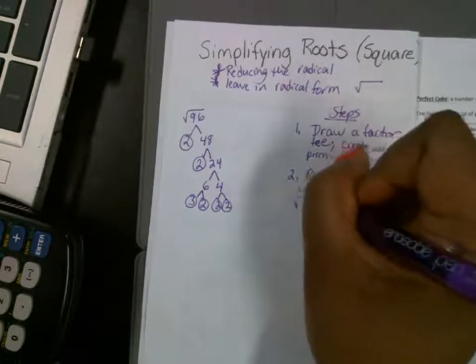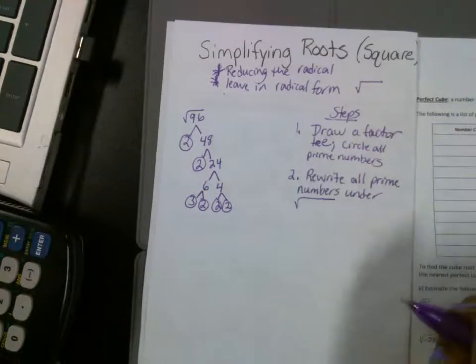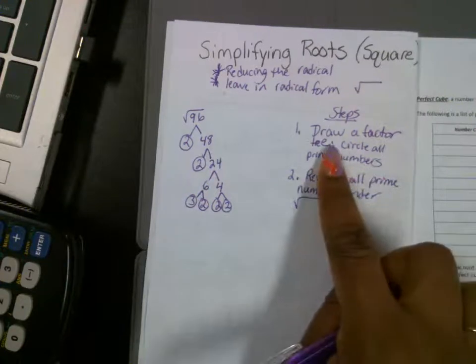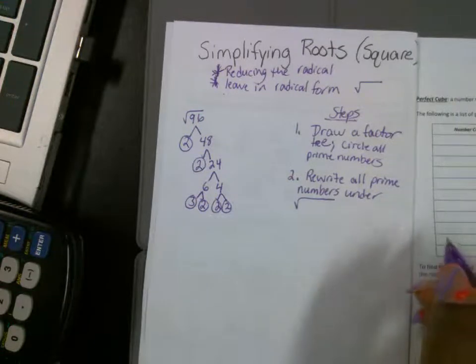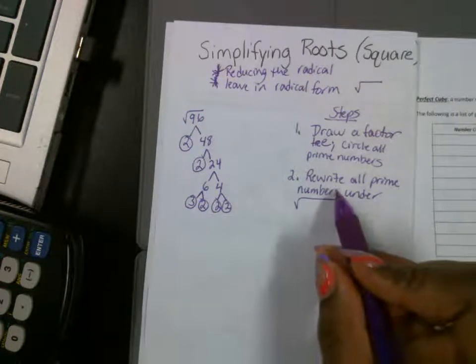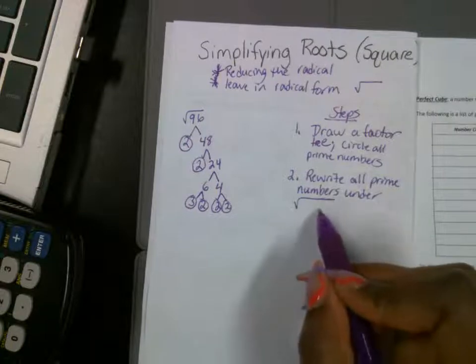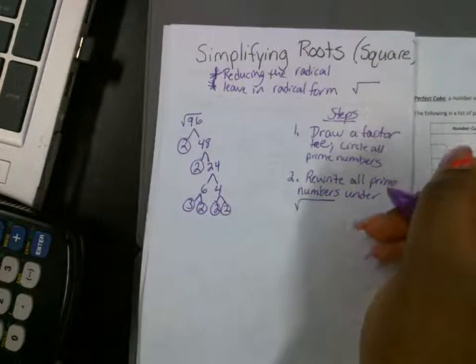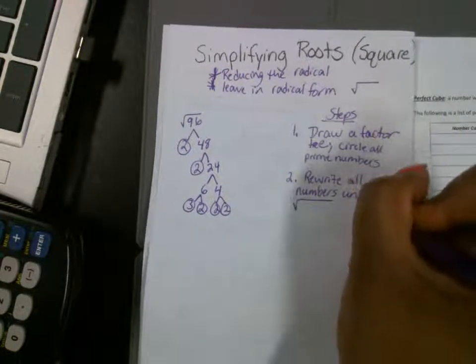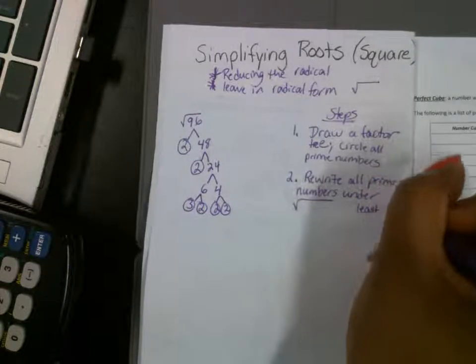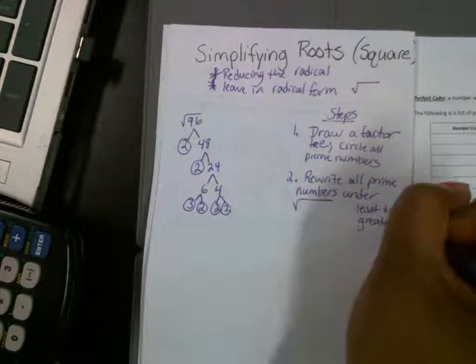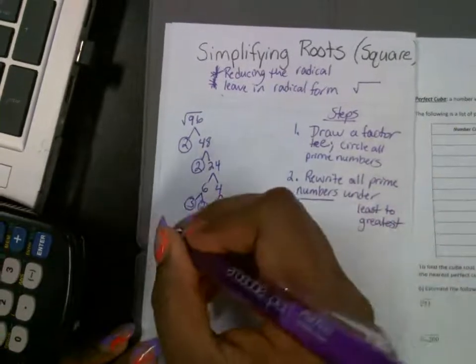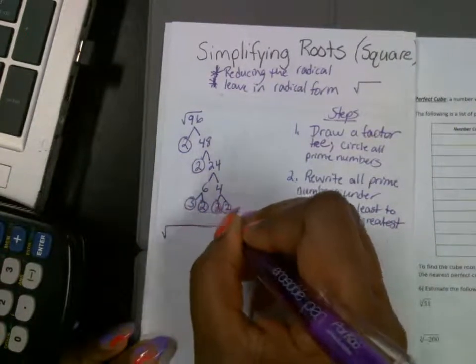So we're rewriting all prime numbers under the radical sign, and we're going to write them from least to greatest, okay? So let's do that, under the factor tree, under the radical.